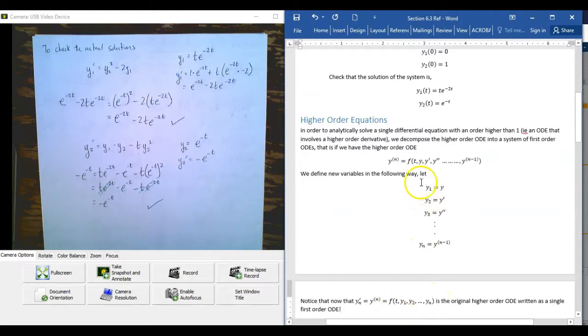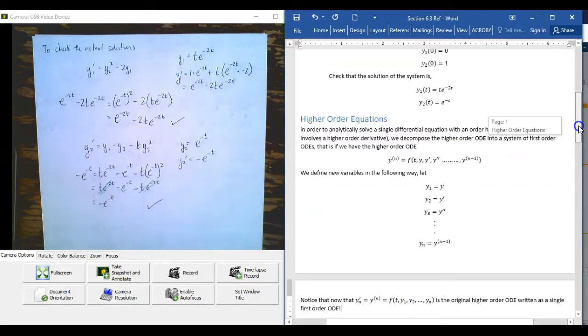So here you can see that y is replaced by y1. Y prime is replaced by y2. Y double prime is replaced by y3. So on and so forth.